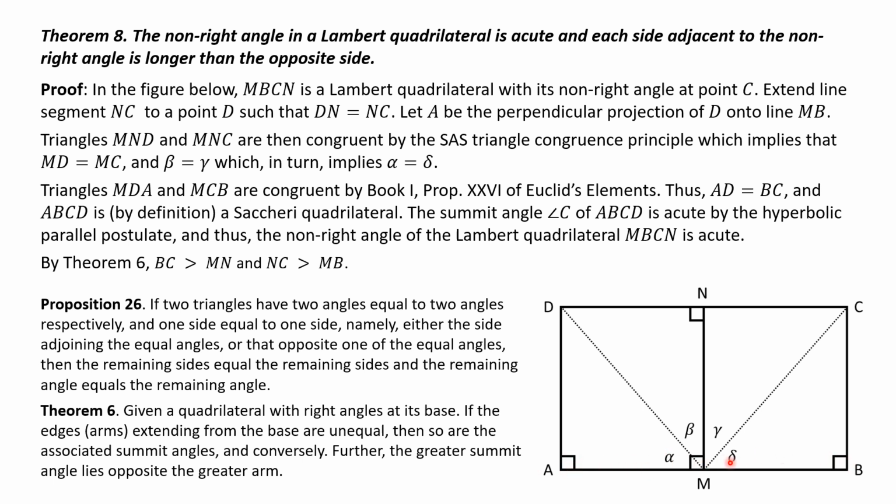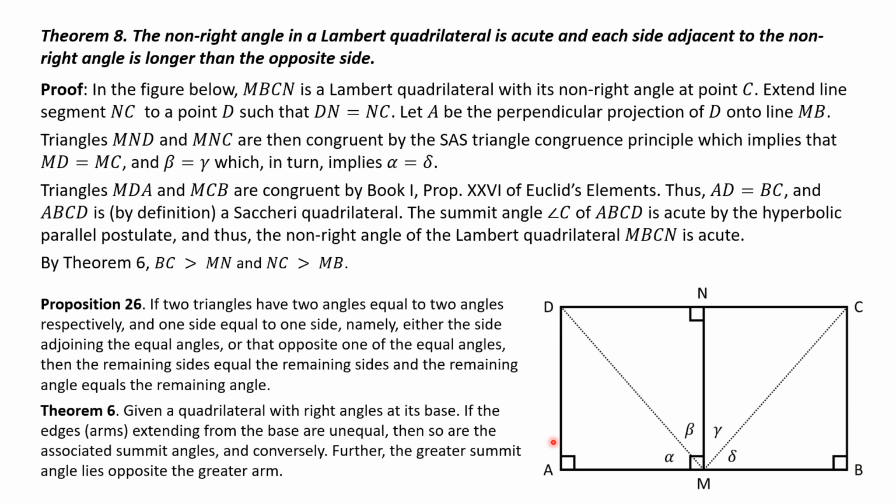This angle equals that angle, and then we have a side here that equals this side here. So by this proposition, we have that MDA is congruent to MCB. So this triangle here is congruent to this triangle here. And what that implies is that DA is equal to CB.